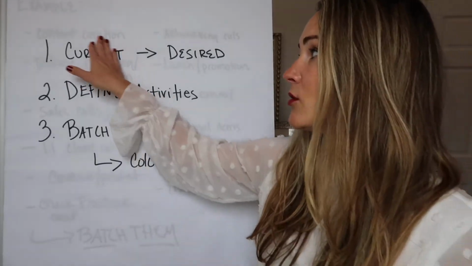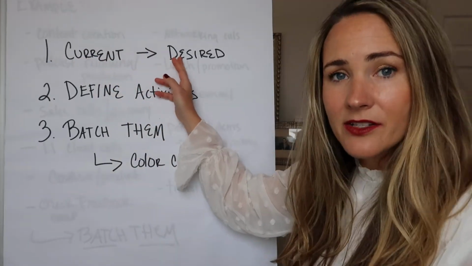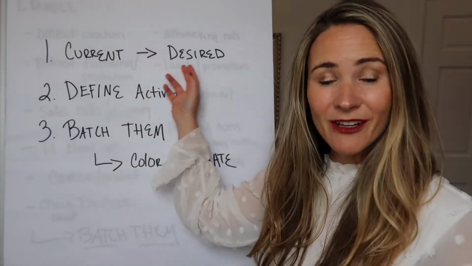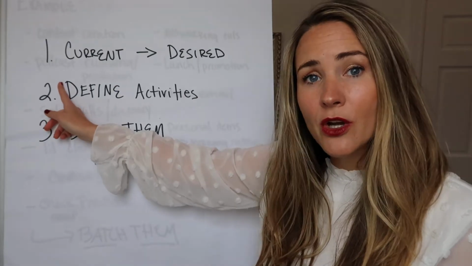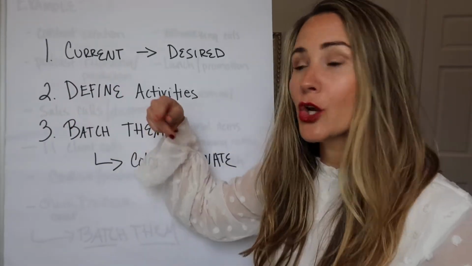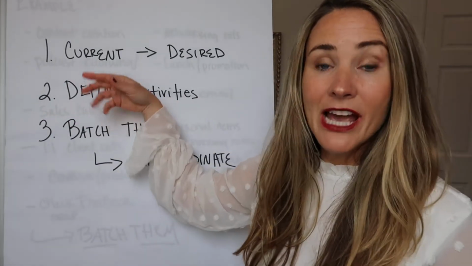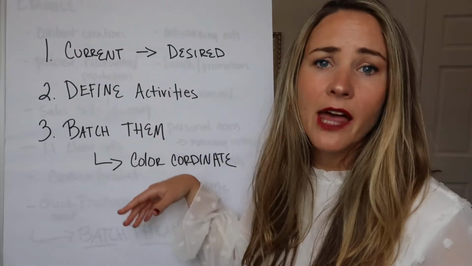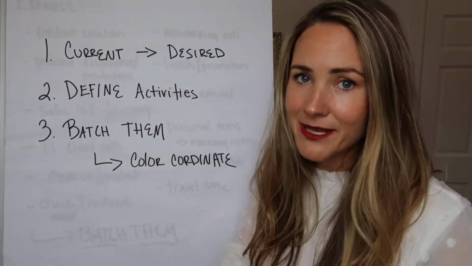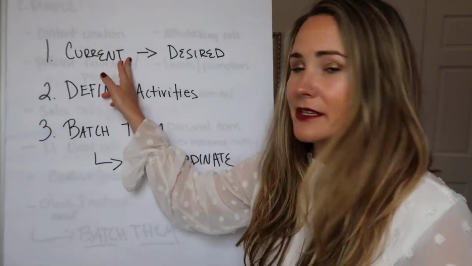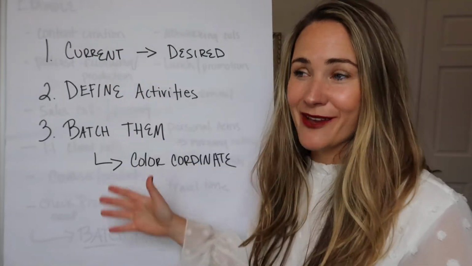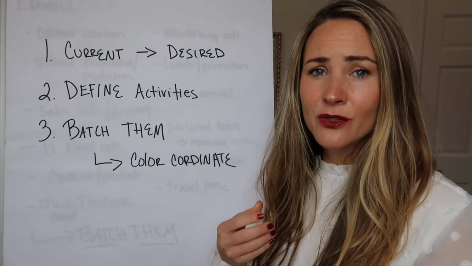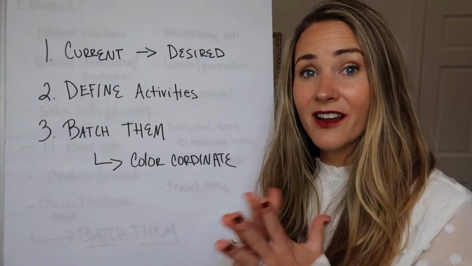We have that. And in order to really understand what our desired situation is and where we want to go, it's important to know where we're at currently, okay? And we have to get honest with ourselves, and that's okay. When you get honest with yourself, whether you're doing this for your calendar or for goal setting in business, this piece can be really challenging sometimes because it forces us to look at some of the things that are uncomfortable, right?